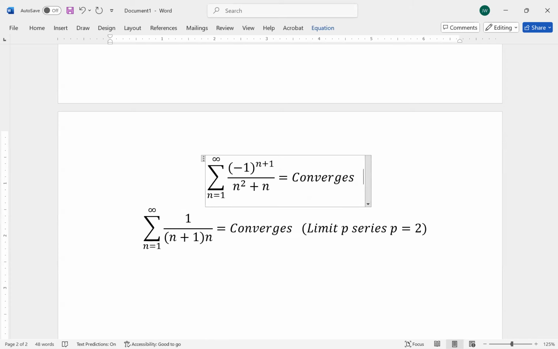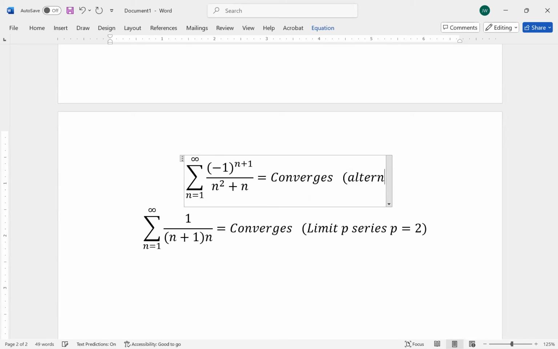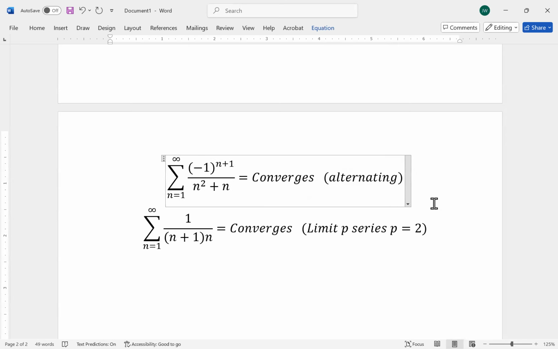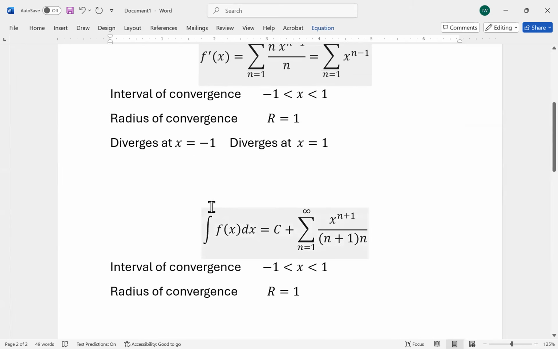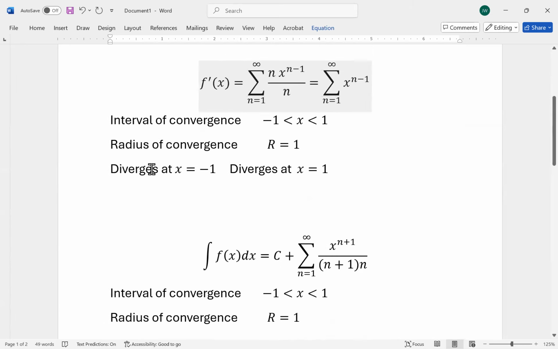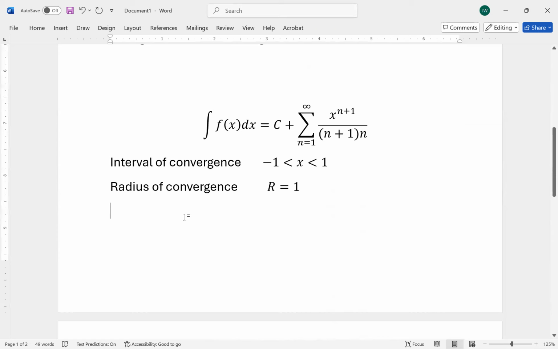Terms are going to 0, so it converges. So in this case, instead of this series diverging, this series converged at x equals -1 and also converged at x equals +1.